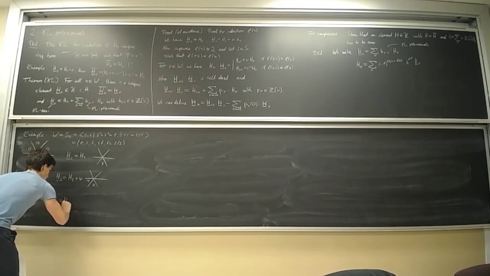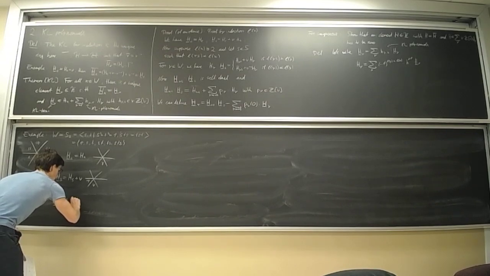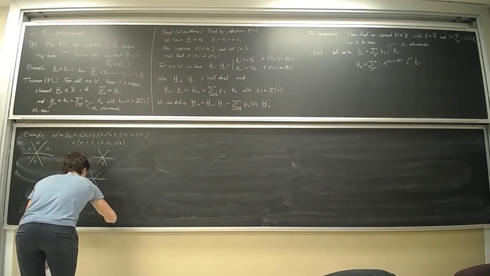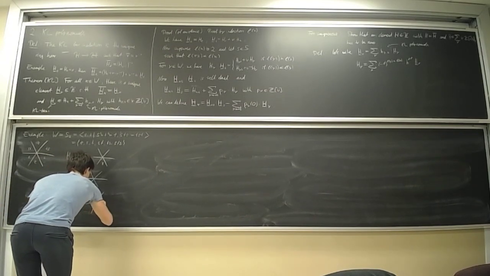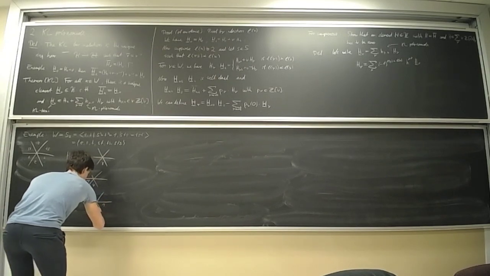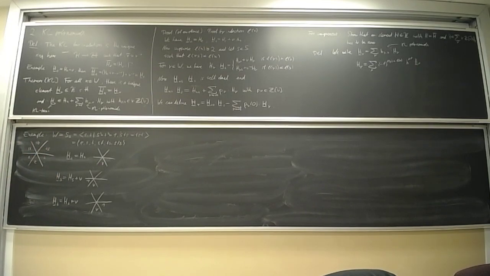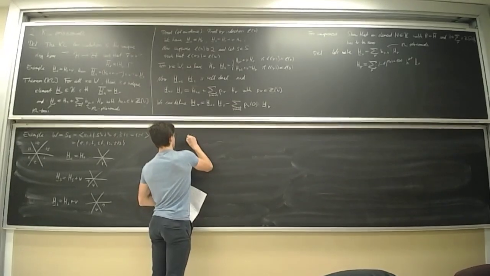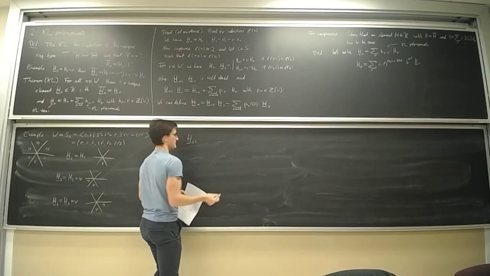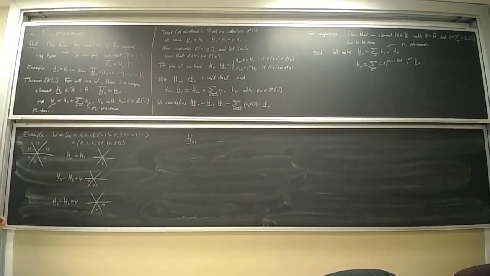So H_t plus v H_e, and the picture for this is a 1 in the t cell and a v in the 1 cell. Now, basically what we want to do is multiply H underline s. Say we want to compute H underline st, and we already know H underline s and H underline t.